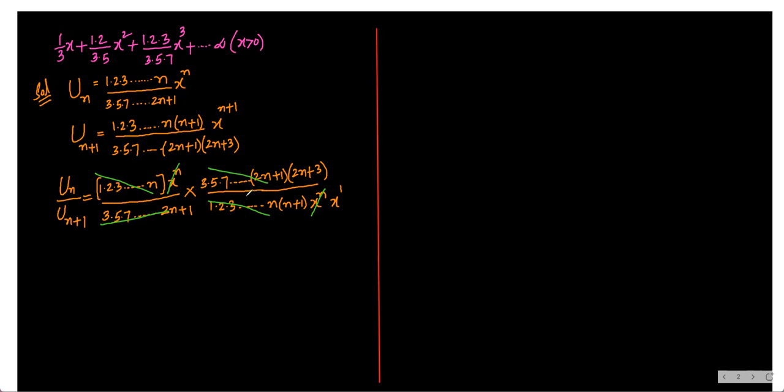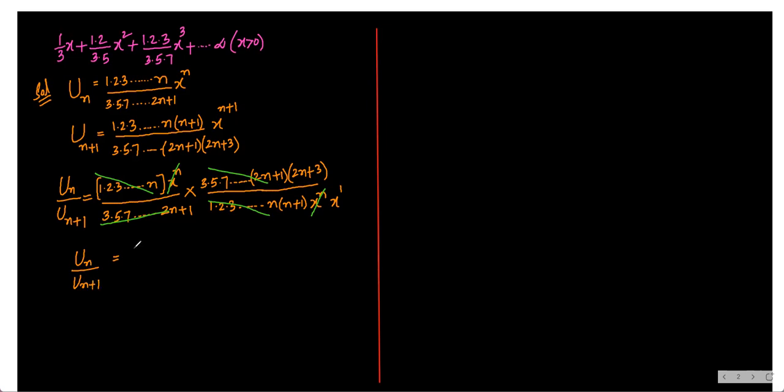So 2n plus 3 by n plus 1 into x is left. So what is left? What is un by un plus 1? 2n plus 3 by n plus 1 into x.